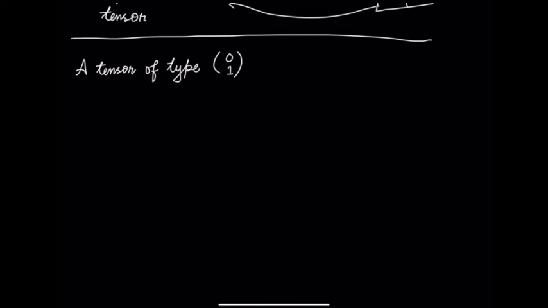Because it's a little bit more important than the higher rank or higher n tensors, this will have a special notation. The special notation for this will be like this. And remember that it will take one vector argument, because n equals 1 in this case. Now this will be called by another special name also. We'll call this a one form.